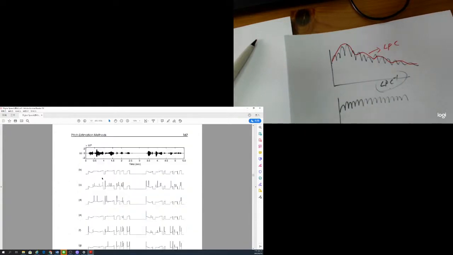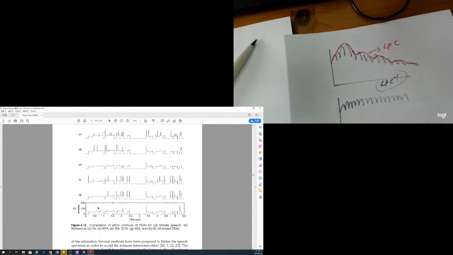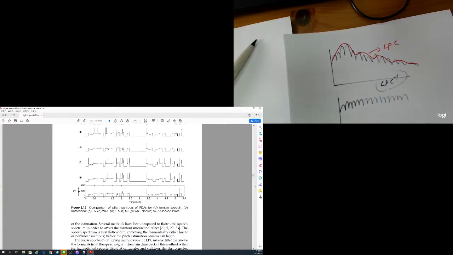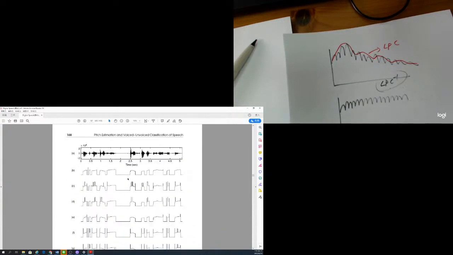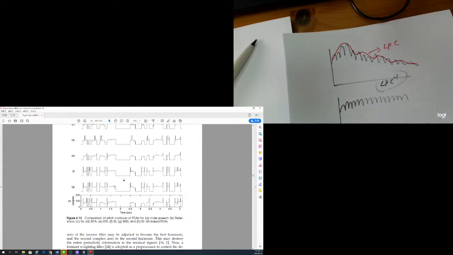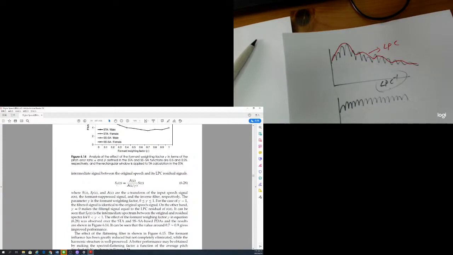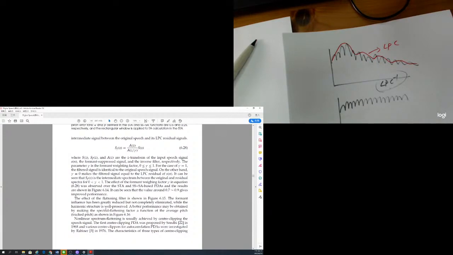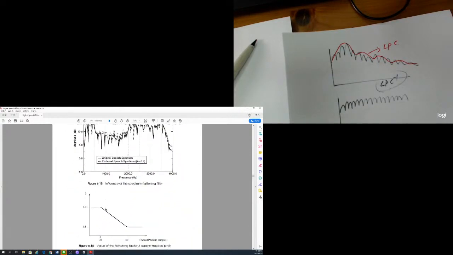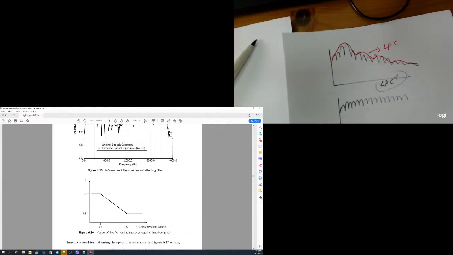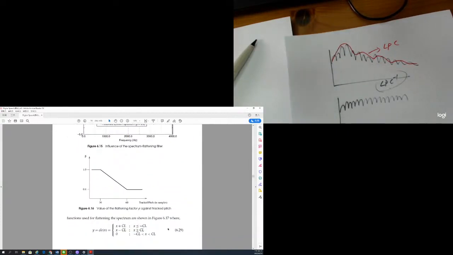Before we talk about this, here is another example. They are using many combinations of different pre-processing filters. What is the pre-processing?